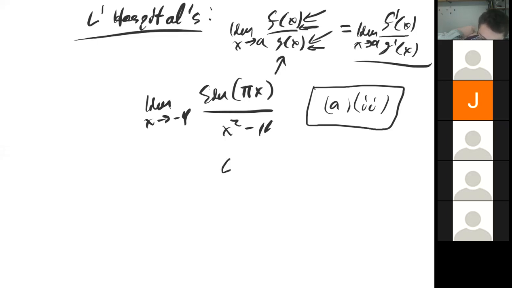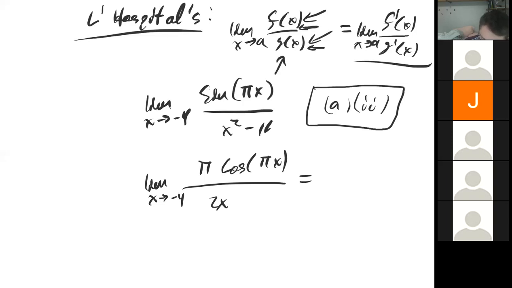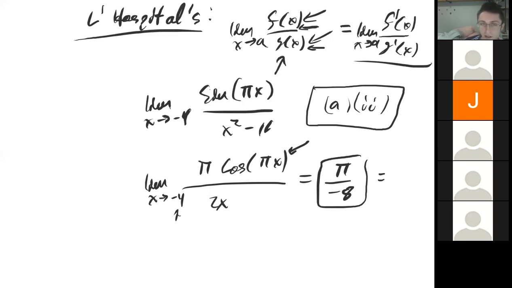In the numerator, we get cosine pi x times pi. In the denominator, we get 2x, limit as x goes to -4, and that gives you, okay, so cosine of 2 pi, which is the same as -4 pi on the unit circle, is 1. So then you get pi over -8, or -pi over 8.